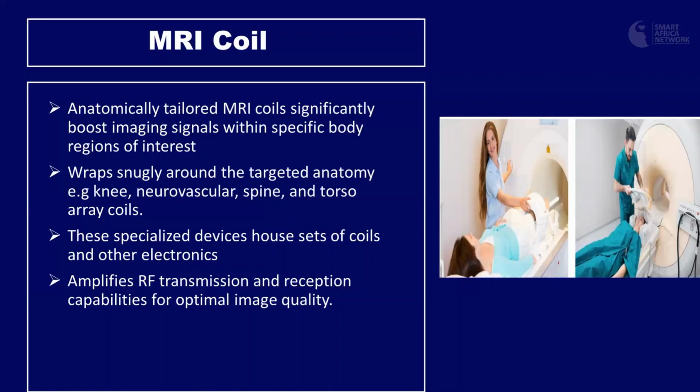So it depends on the anatomy or the part of the body that is being imaged. They also house a set of coils and other electronics. So the duty of these MR coils is to amplify the radio frequency transmission and reception to produce optimal image quality.